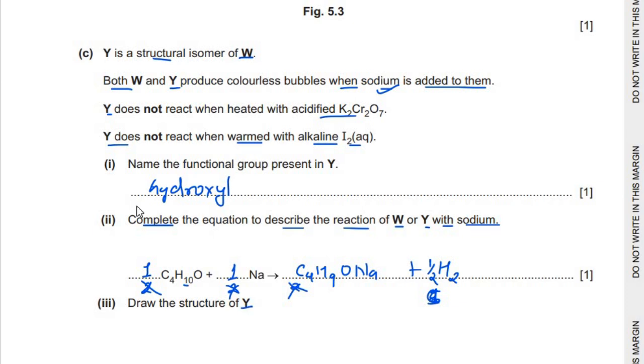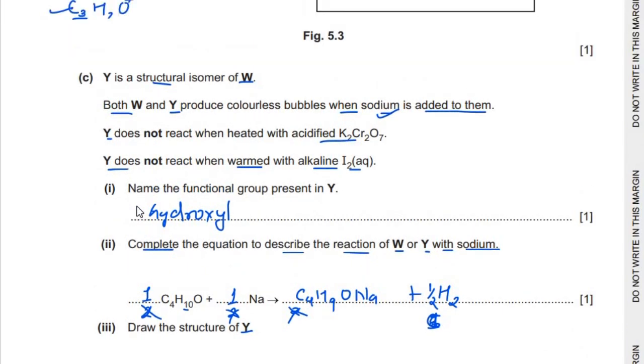So let's see now what is the possible structure of Y. First, let's read the information given here. We have already concluded that Y is also an alcohol just like W. But on heating with acidified dichromate, it does not react. Now, the alcohol which does not get oxidized by acidified dichromate is only the tertiary alcohol.